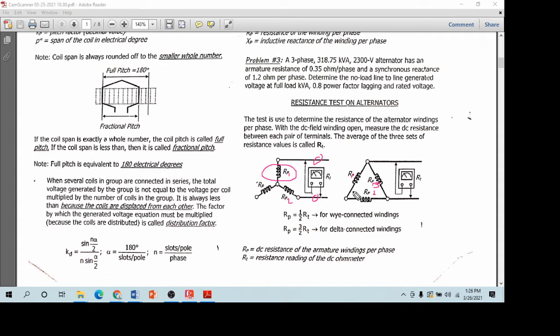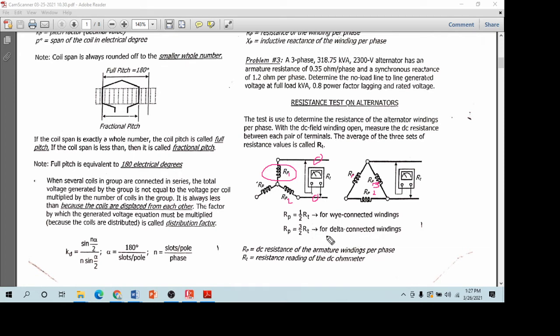RP1 and RP2 are connected in series, so that is 2RP, and it is connected in parallel with the third RP. To get the resistance, product over the sum. So RP is equal to 3 halves of R.